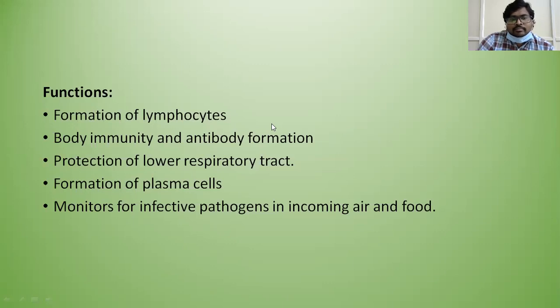At the same time, it also produces cell-mediated immunity by producing the T lymphocytes. So this Waldeyer's ring monitors for infective pathogens incoming in air and food, and it provides us with primary defense.